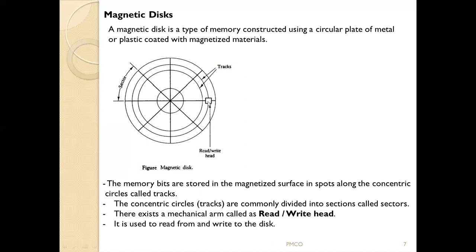It is used to read from or write to the disk. There will be a spindle that will be running constantly at some speed, and this read-write head is used to read from and write to the disk. So this is a small description about the magnetic disk.